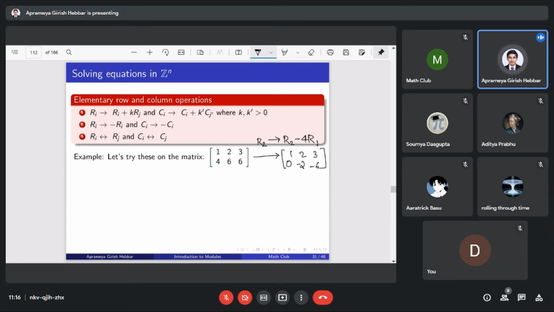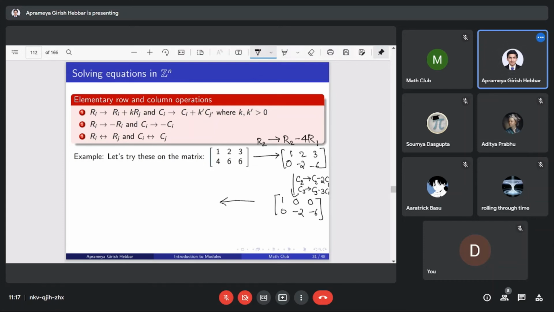Good. Now let's simplify a bit more. In the place of column 2, let's put column 2 minus 2 times column 1. So what does that become? 1, 0, let it be like that. 2 minus 2 makes it 0, and minus 2 would remain the same. Again, since there is 3 here and 1 here, you can replace C3 with C3 minus 3C1, and that would make 0 here and minus 6 here.